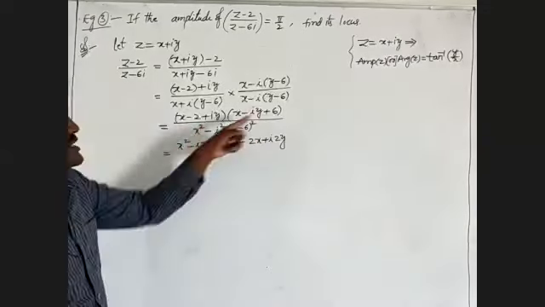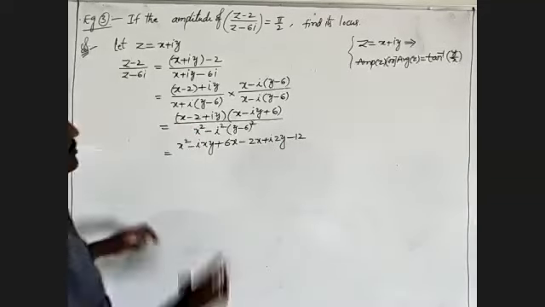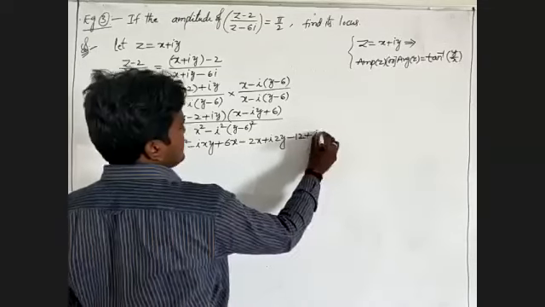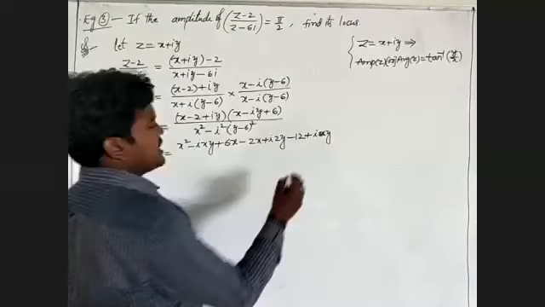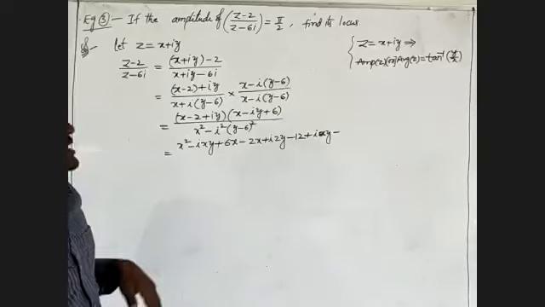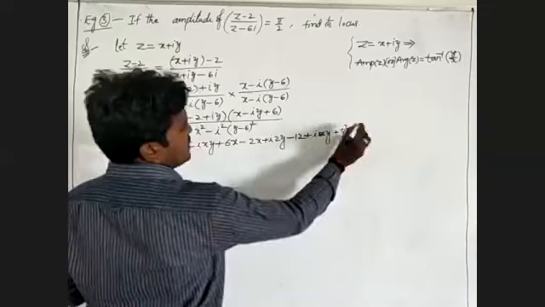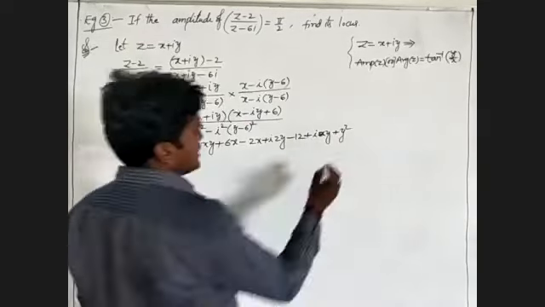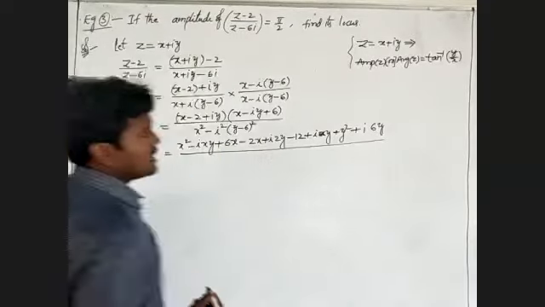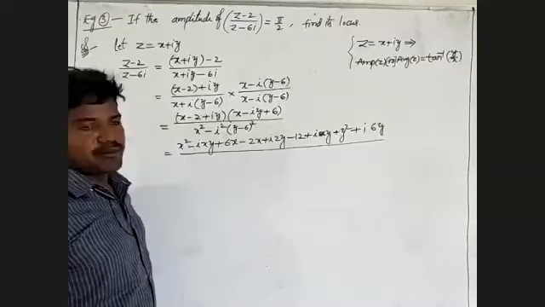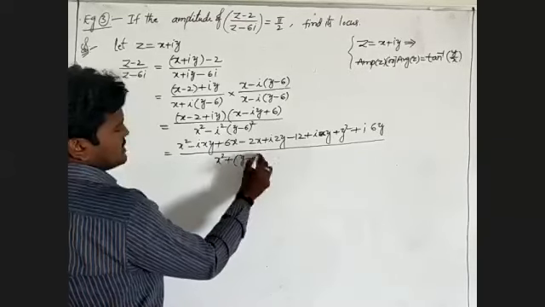Plus into minus becomes minus 6i into 2, that is 12i. After that, iy multiplied by both terms: iy into x is ixy, plus into minus is minus, i into i is i square, i square is minus 1, minus into minus is plus, y into y is y square. Plus into plus is plus, remaining i into 6y. In the denominator, i square is nothing but minus 1, minus into minus plus, so it is x square plus (y minus 6) whole square.